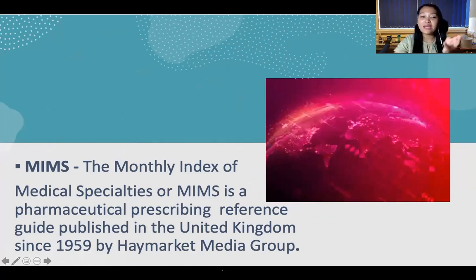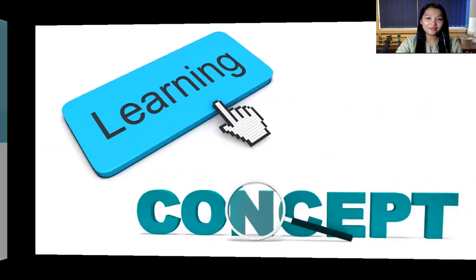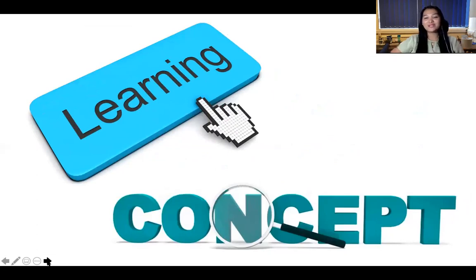So this, the monthly index of medical specialties, is another example of a word that's somewhat, as what I've said earlier, we call as jargon. Why? Because this can only be understood by a certain group of people, and only those people that are within this profession. Okay. All right.